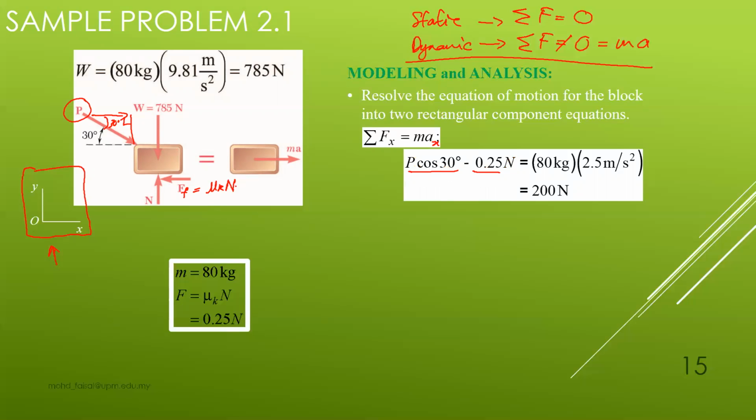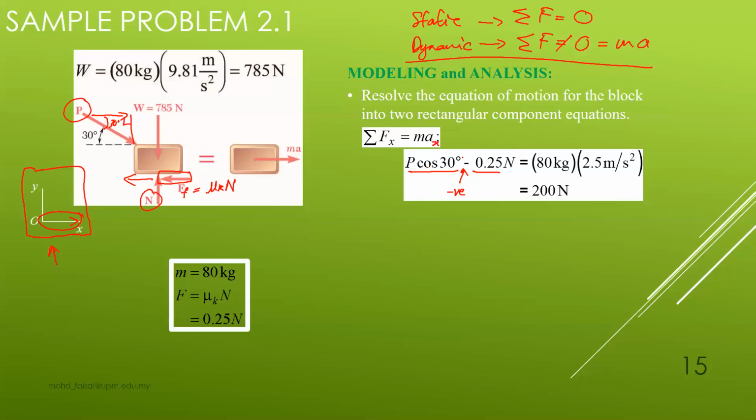Why is it negative? It is negative because the direction is to the left, and we know that x to the right is positive. However, this one is to the left, so you will have a negative sign here because the direction is opposite to your reference axis.